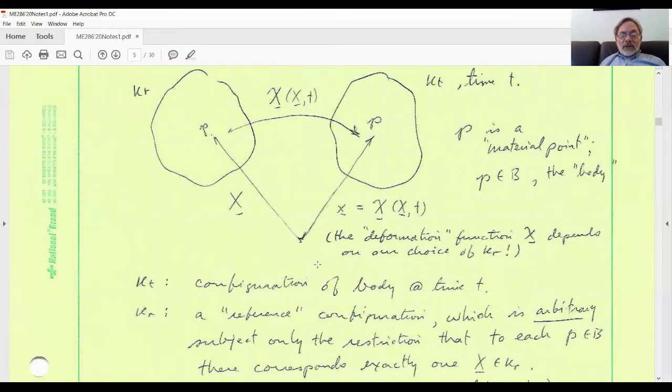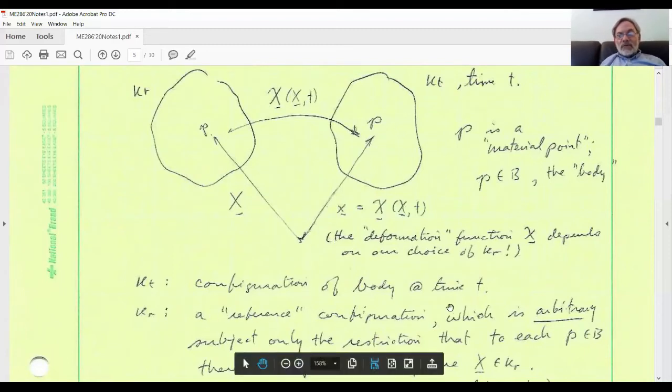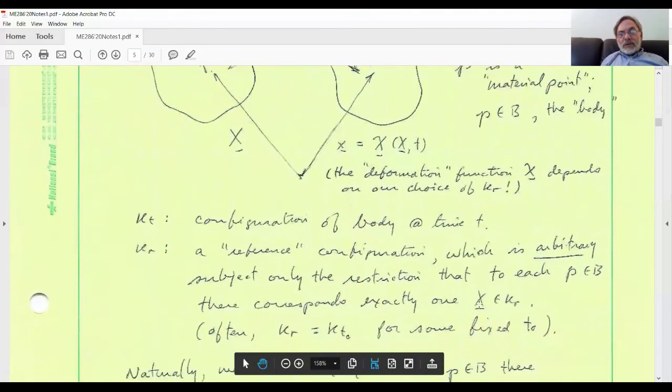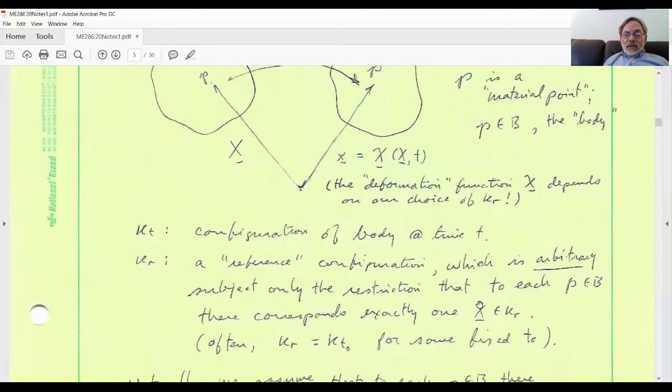Again, kappa sub t is the configuration we perceive of the body at time t, a volume in space. Kappa sub r is a reference configuration, which is arbitrary in principle, but subject only to the restriction that to each point of the body, each atom or molecule, if you like, of the body, there corresponds exactly one position in the reference configuration.